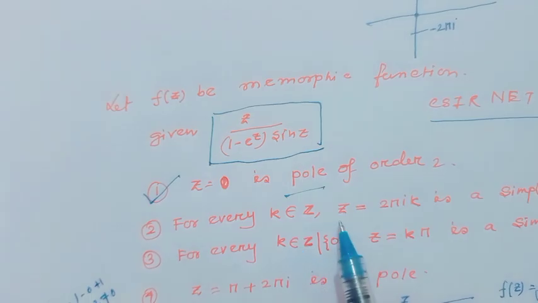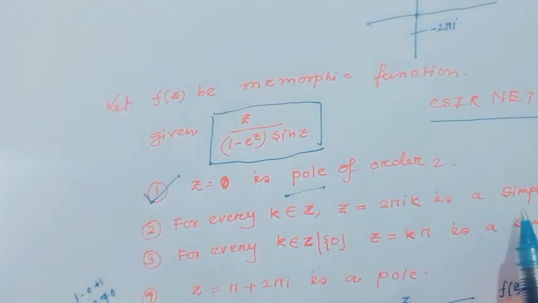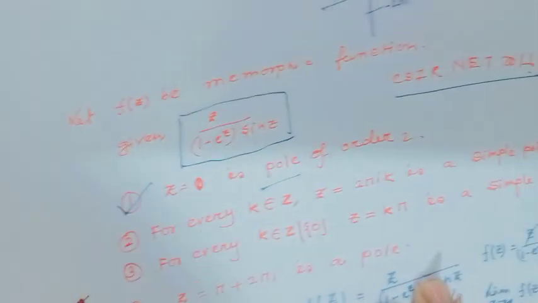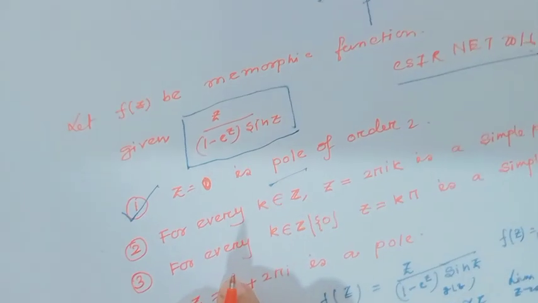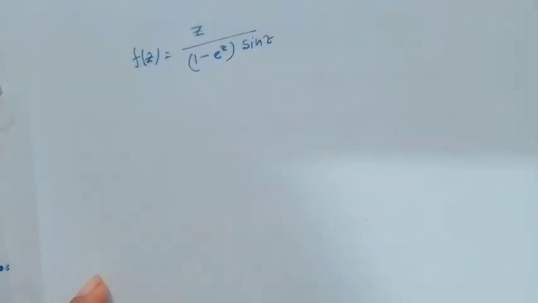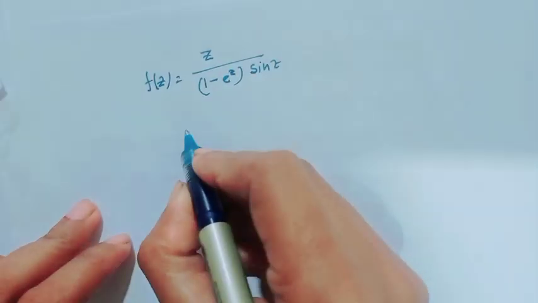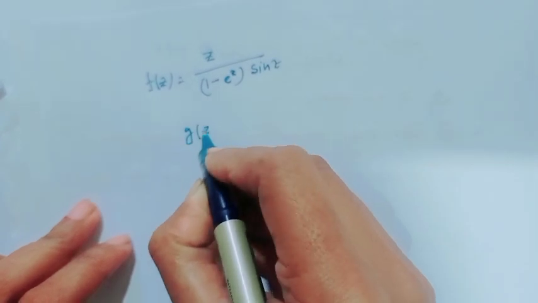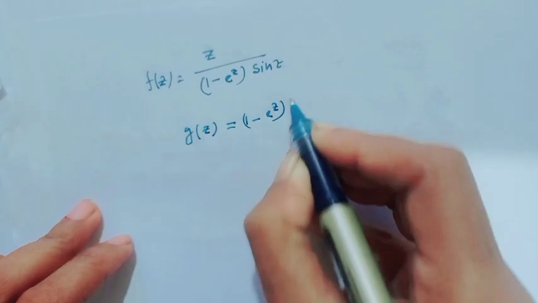For every k belongs to integer, z equal to 2 pi ik is a simple pole. We will see. For this, since f(z) equal to z over 1 minus e to the power z times sin z, let g(z) equal to 1 minus e to the power z times sin z.